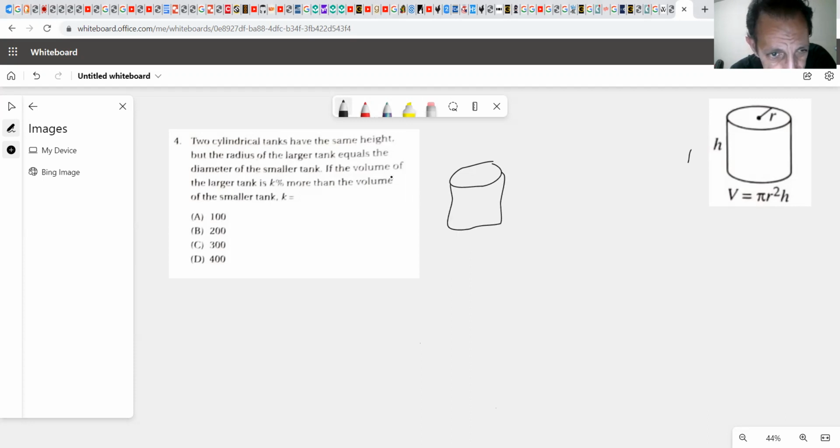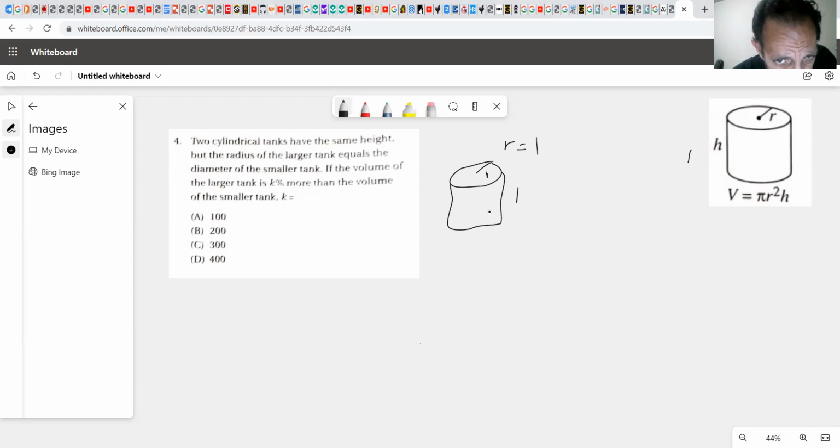I'm going to make up a very simple case. They're going to have the same height, both of them. So this small one will have a height of 1, and I will say the radius is going to be equal to 1.